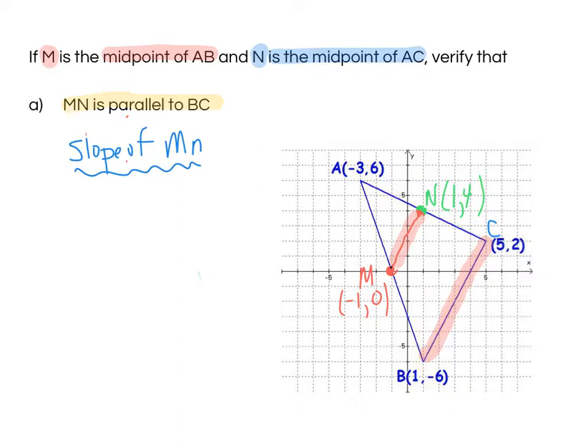So the slope is equal to my y2 minus y1 divided by x2 minus x1.